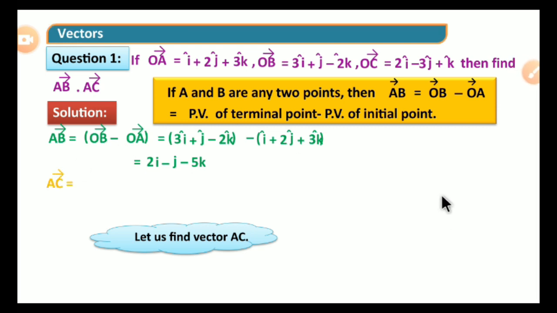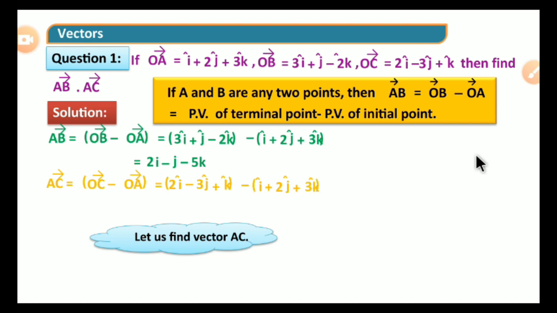Similarly we can find AC, because we need the value of the AC vector. It can be considered as OC minus OA, according to this condition. So now we consider OC vector 2i minus 3j plus k minus, in the bracket, i plus 2j plus 3k.